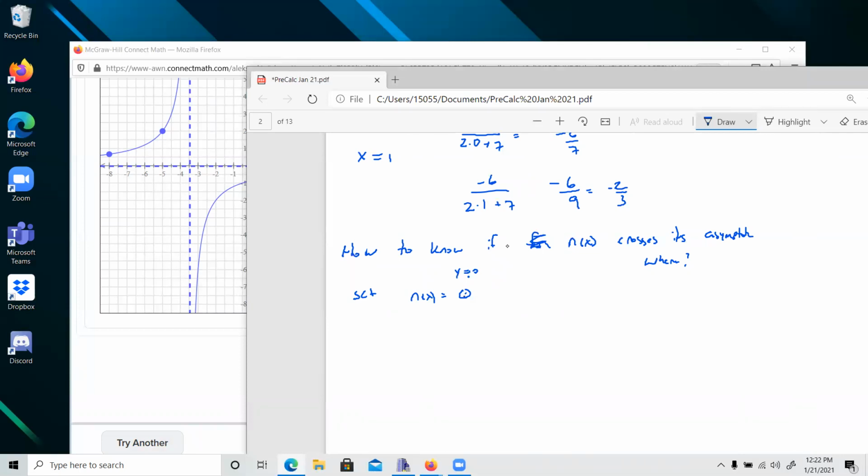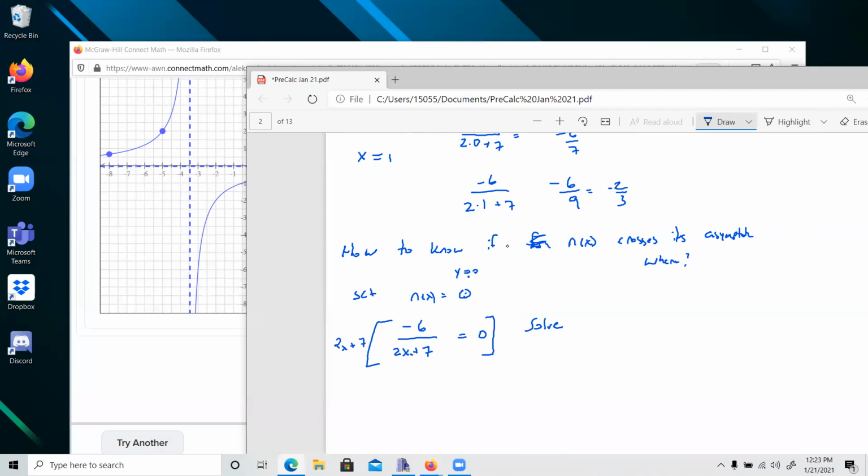So we're just going to say, well, this was negative 6 over 2x plus 7. Set it equal to 0, and now we're just going to solve. If I had x's up here, then we'd probably see something. But in this case, how do you solve a rational equation? You clear the fractions. You make it not a rational equation. That's the first thing you do.